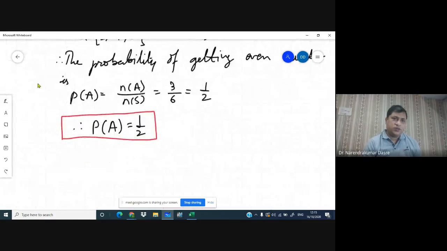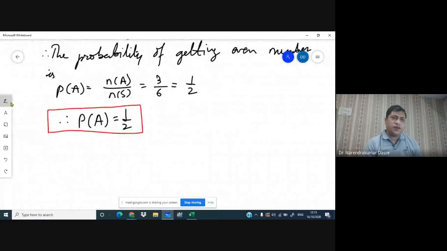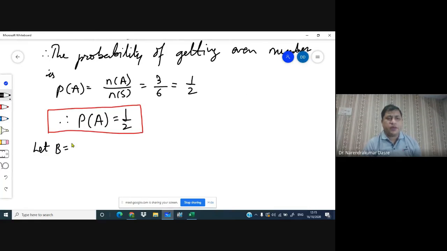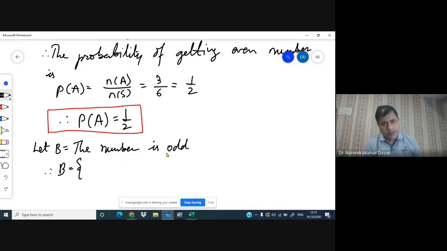We define the event B. So let B be the event that the number is odd. So we can write what the sample points in B are. We want the odd numbers, so we can have 1, 3, and 5.